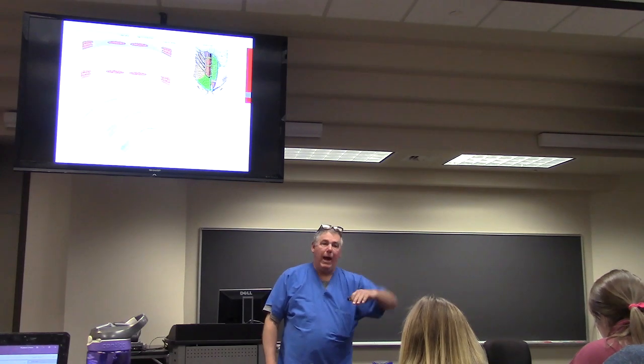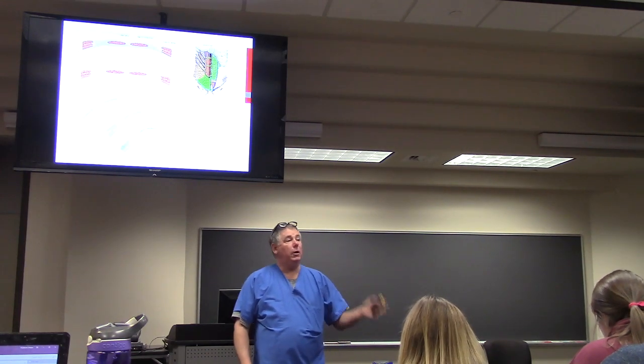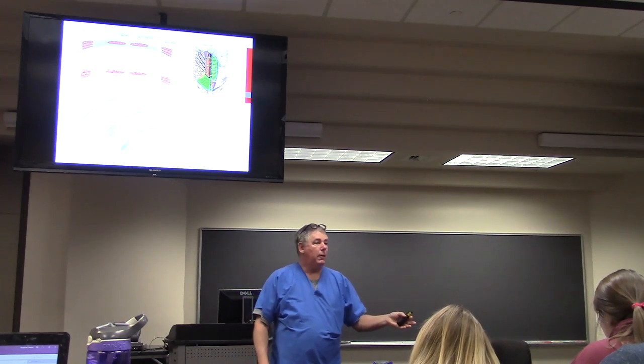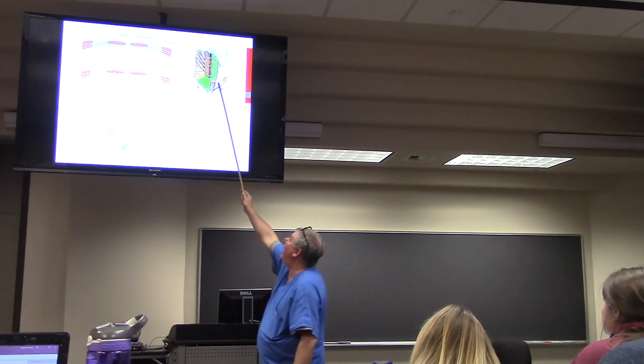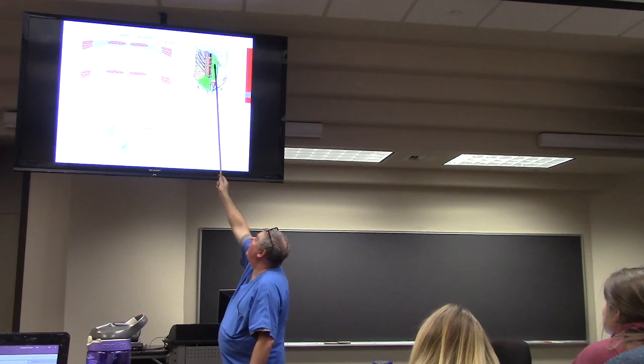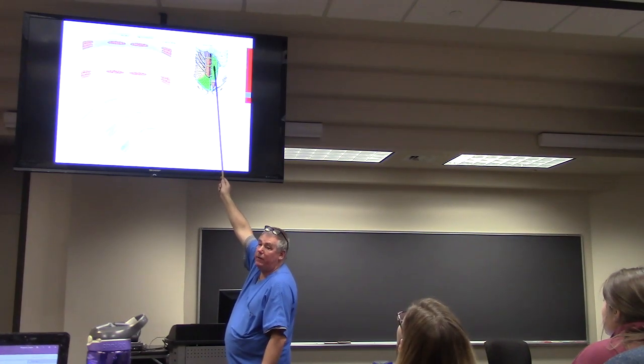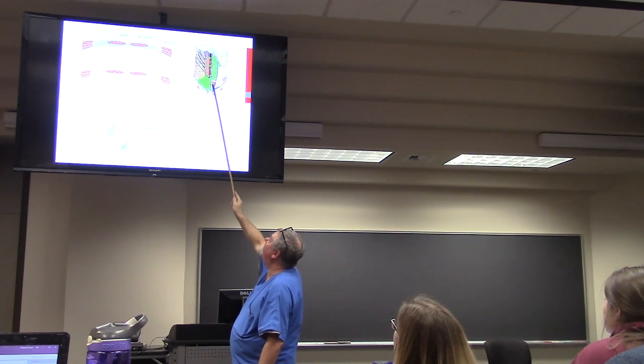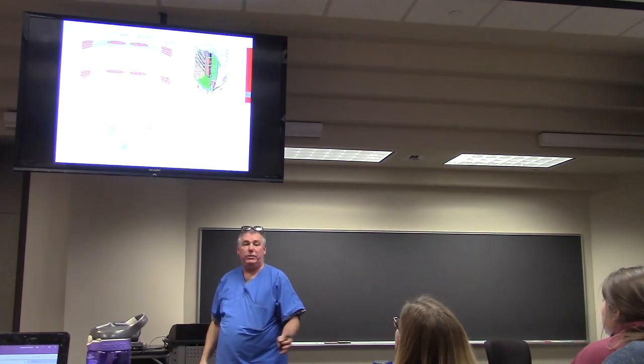In other words, the aponeuroses of all three muscles go in front. So as we start up here at the top, you see the green? That's the posterior rectus sheath. Once we get down to the belly button, there is no more posterior rectus sheath because all of the aponeuroses went in front.